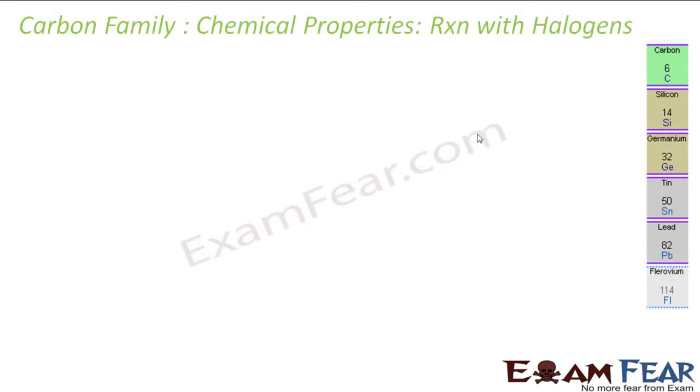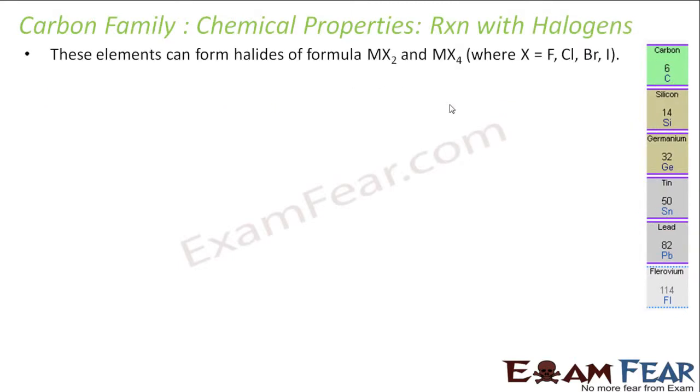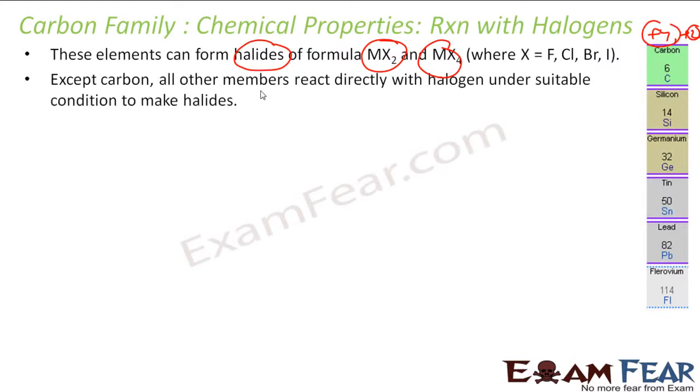Let's talk about the reaction with halogens. Most of the elements in the carbon family form halides, with formula MX2 or MX4, because the oxidation states are +4 and +2, right? So they generally form MX2 and MX4 directly when reacting with halogens. But carbon doesn't react directly. It forms halides but not directly.